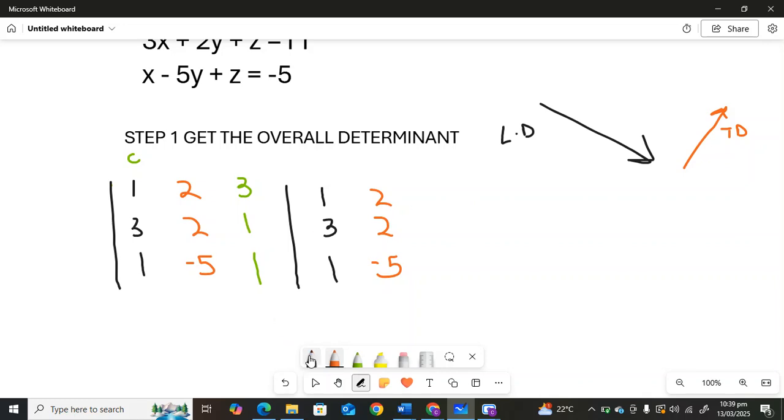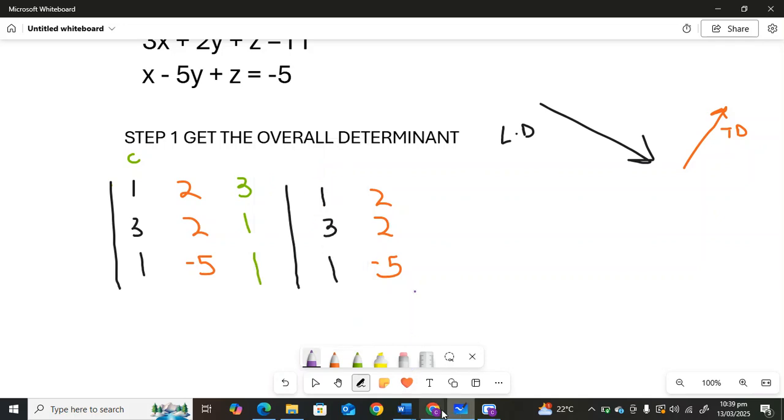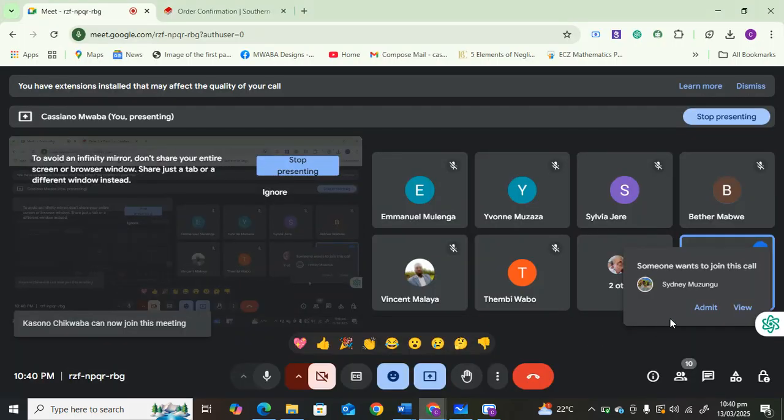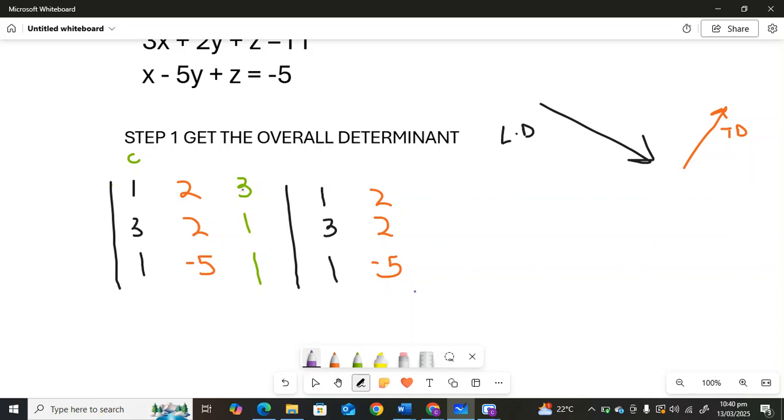So if we start with the leading diagonal, you come 1 times 2 times 1.